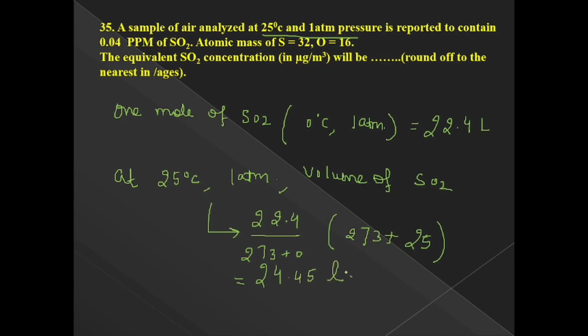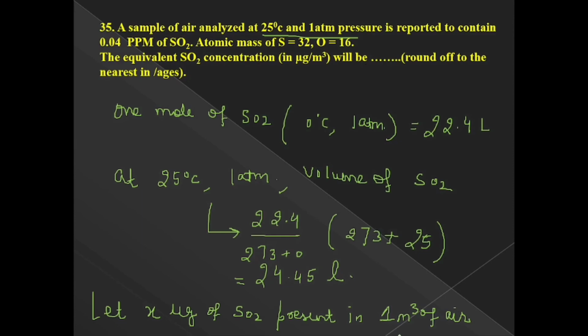Now let x micrograms of sulfur dioxide be present in 1 meter cube of air. So now we have to calculate this x value.